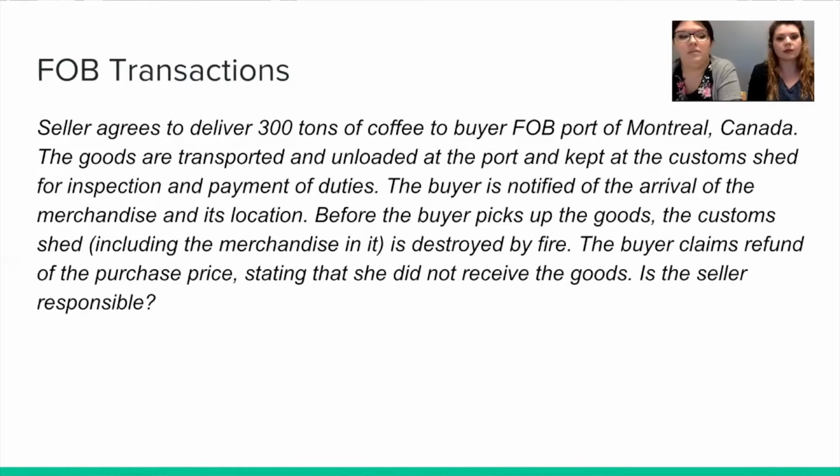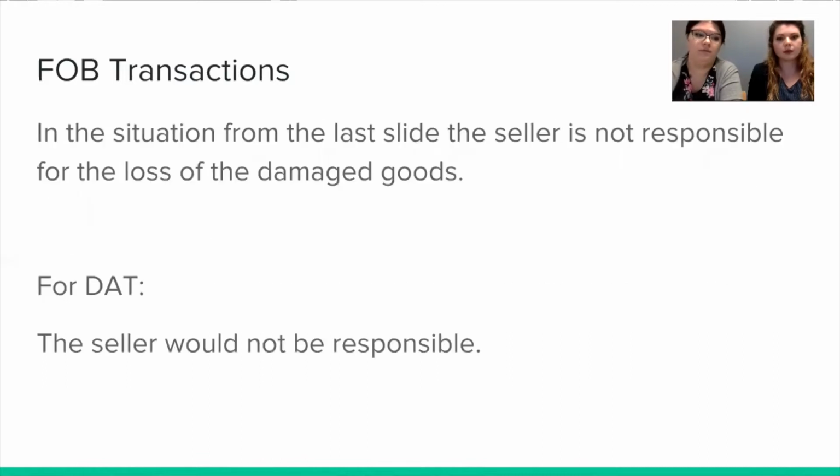The buyer claims a refund of the purchase price, stating that she did not receive the goods. And then the question is, is the seller responsible? With FOB transactions, the seller is not responsible, unlike under DAT. Under DAT, the seller is responsible for export clearance and the transport costs up to the named place of destination.